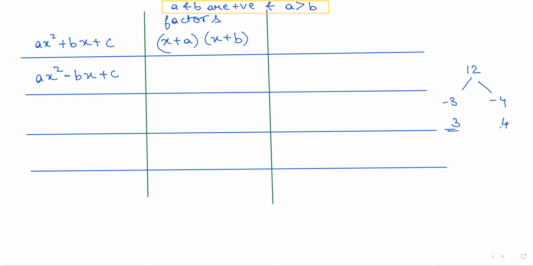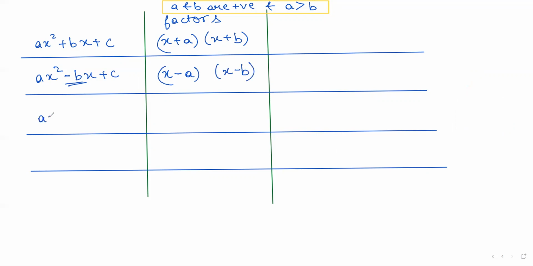Both numbers have the same sign, so you consider them based on the coefficient of x. The coefficient of x is negative, which means both values are negative. Your factors will be x minus a, x minus b.